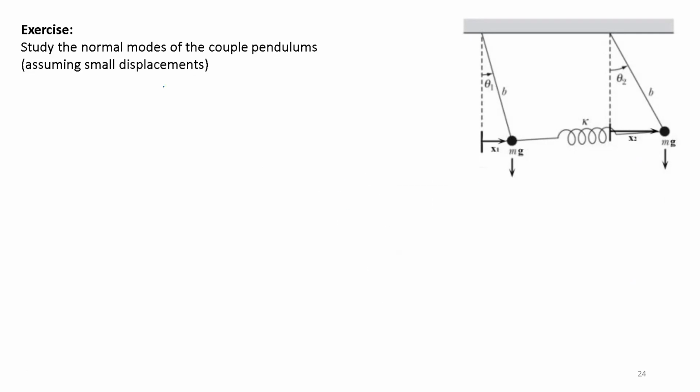First thing would be simple. The kinetic energy would be the kinetic energy of this one plus the kinetic energy of this one. If I use theta 1 and theta 2 as the generalized coordinates, how do I express the velocity?